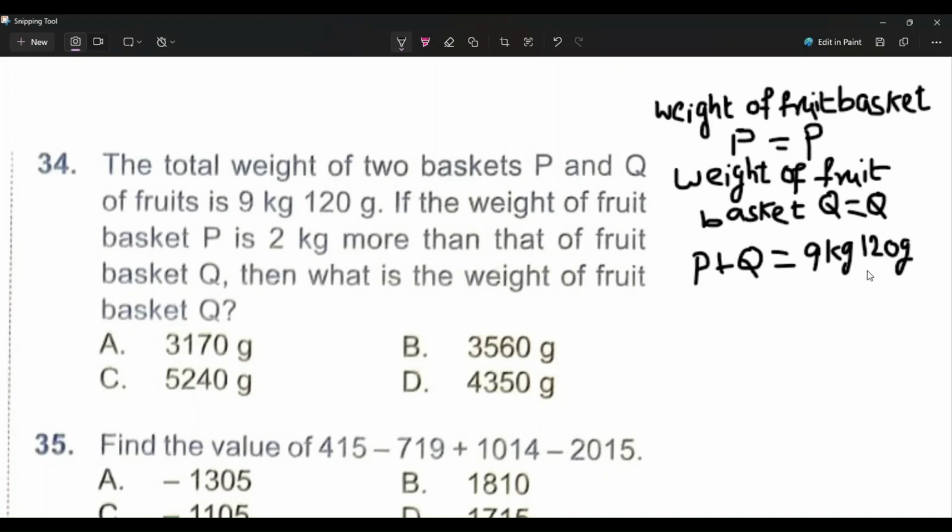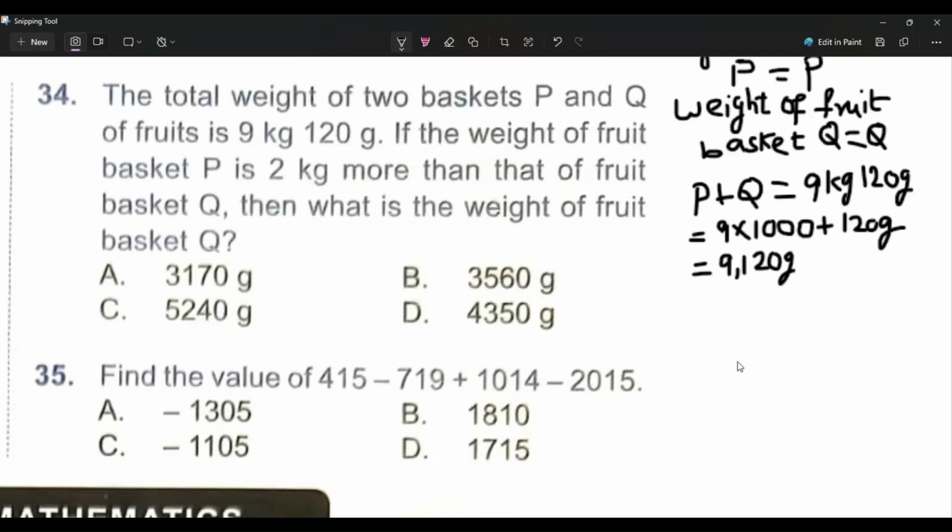So let's convert kg into grams. So 9 into 1000 plus 120 grams. So 9 into 1000, 9000. 9000 plus 120 is 9120 grams. So P plus Q is equal to 9120 grams, children.